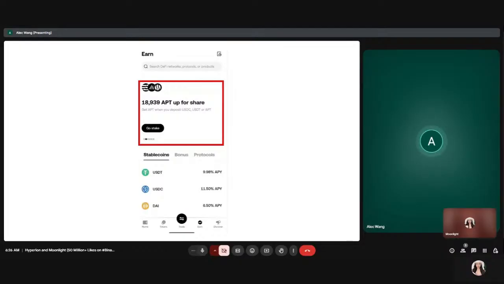Also, if you are a DeFi player, or you have some USDT and USDC and don't know how to gain yields, you could just hang around our website, hyperion.xyz/pools. We provide a fairly high APY for USDC and USDT pairs. Previously it was about 10%, but right now I think it's around 8%.